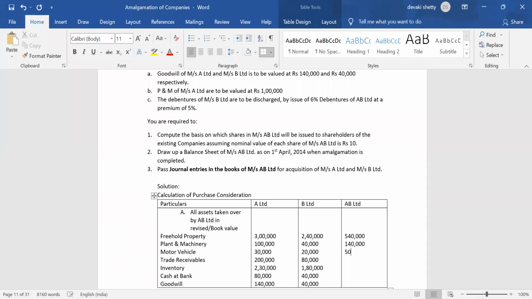This is 50,000. This is 2,80,000. This is 4,10,000. This is 1,20,000. This is 1,80,000.